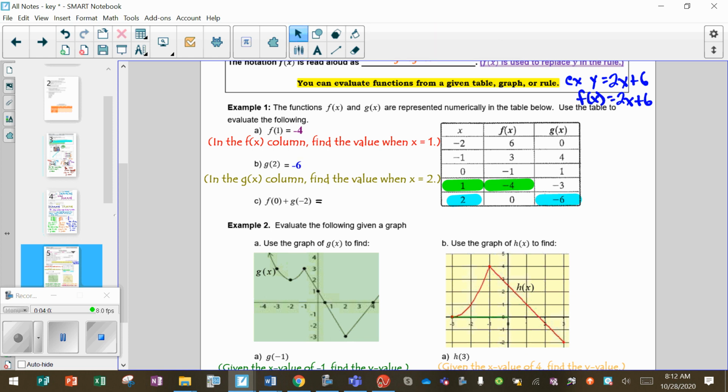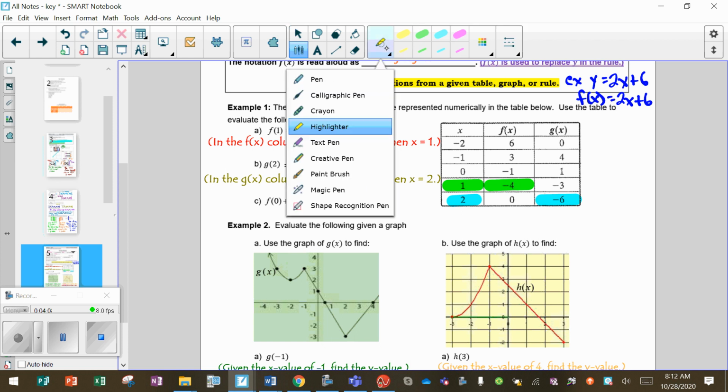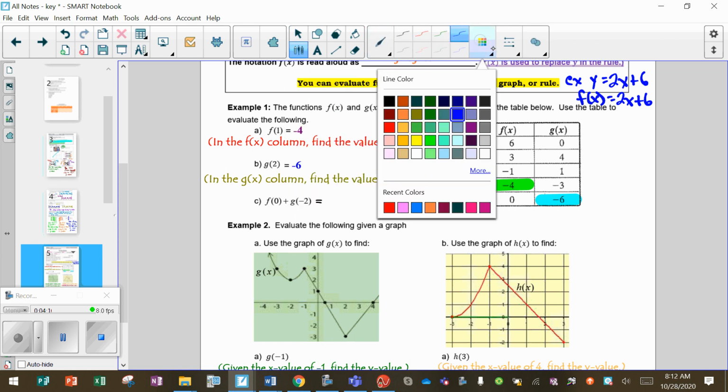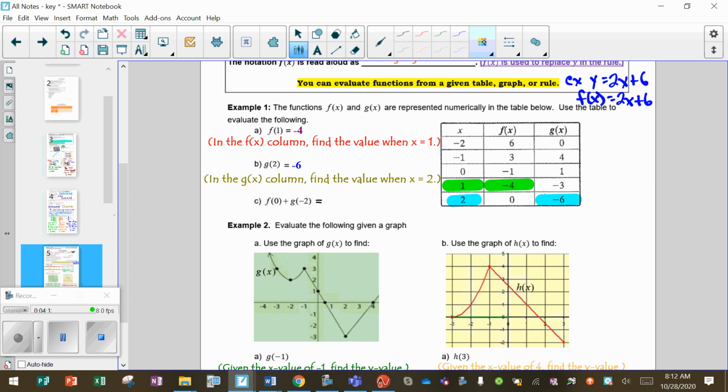So our y value would be negative 6. This would technically give us coordinate points. For the first one, f of 1 equals negative 4, that means I would have a coordinate point where x is 1, y is negative 4. For the second one, g of 2 equals negative 6, the coordinate point is where x is 2, y is negative 6.